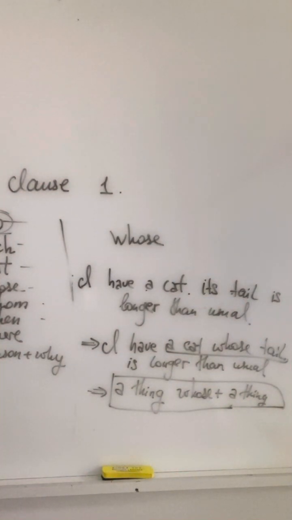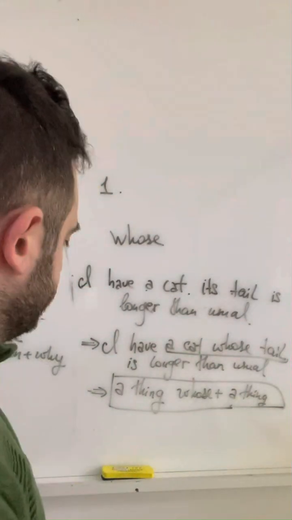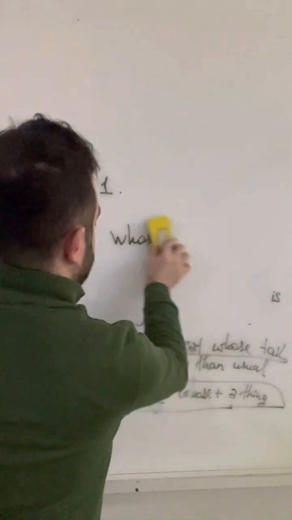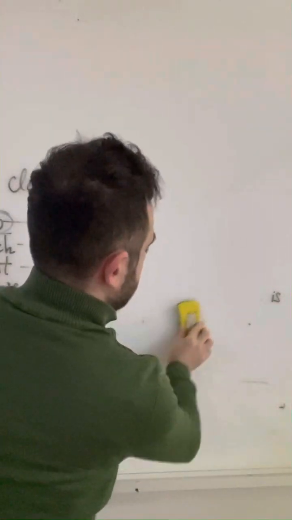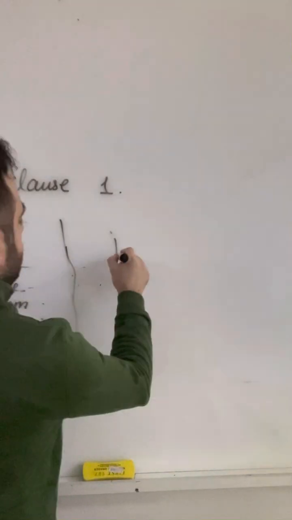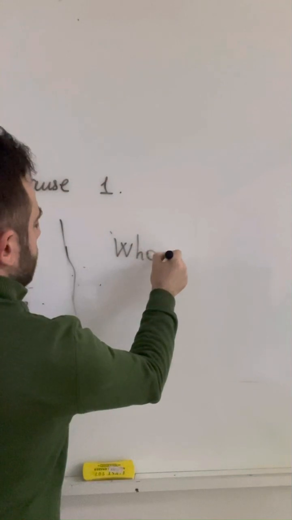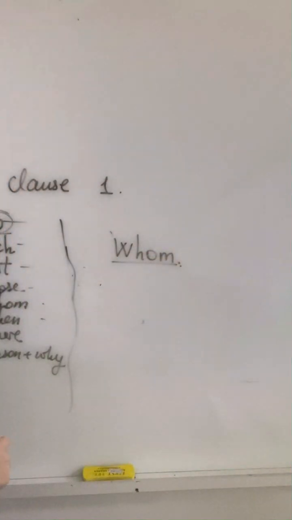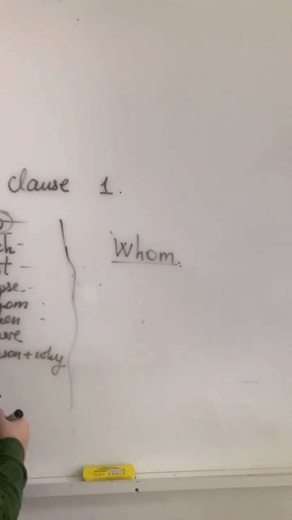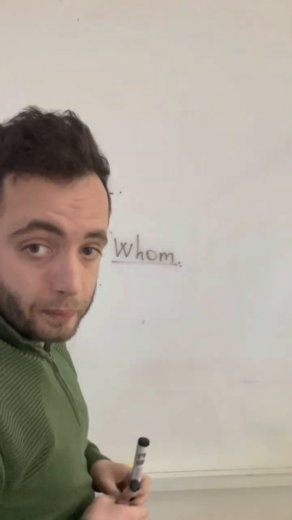And then comes here whom. Let's focus now on whom. We use whom as an object in a sentence. Let's write whom. Let's look at an example.